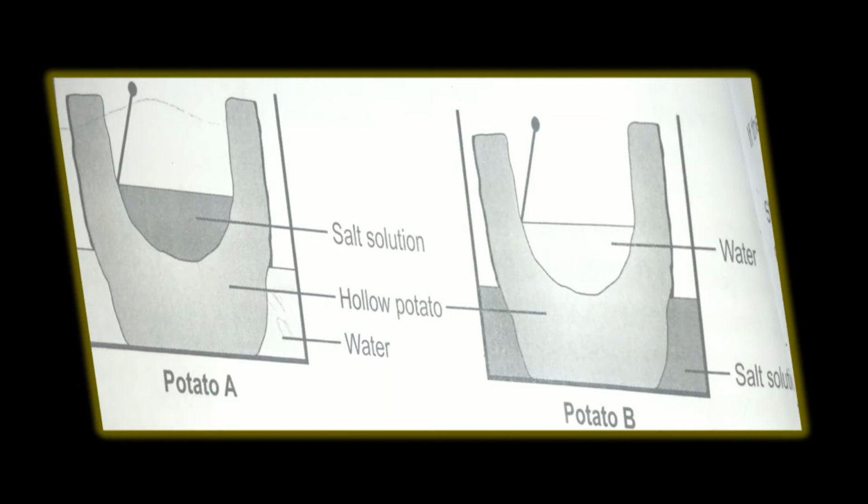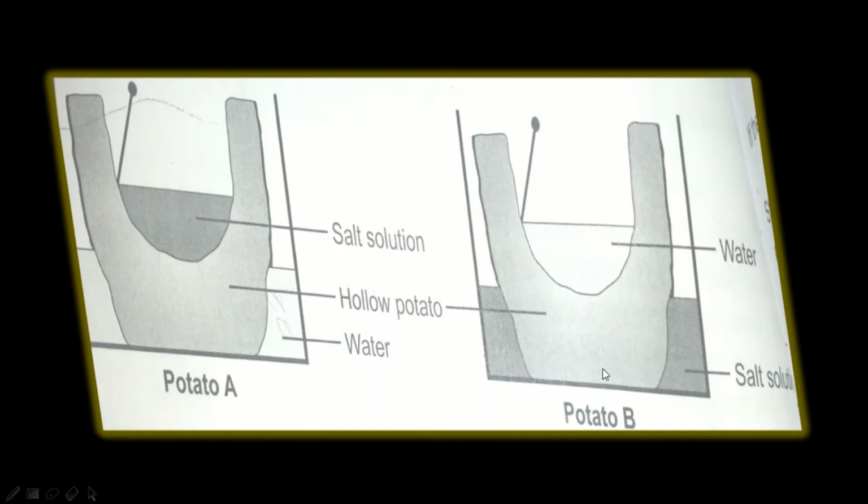Why is it having less water? Because water moved from where it's in high concentration to the potato, and then our water level in the potato increased. Because it increased, our salt solution will be more diluted. It won't be as concentrated as it was initially.